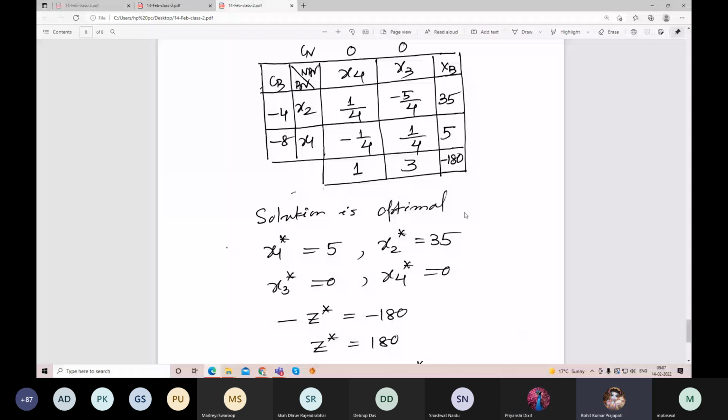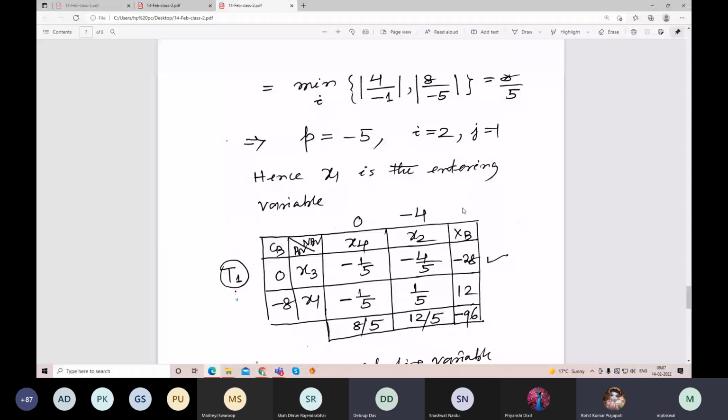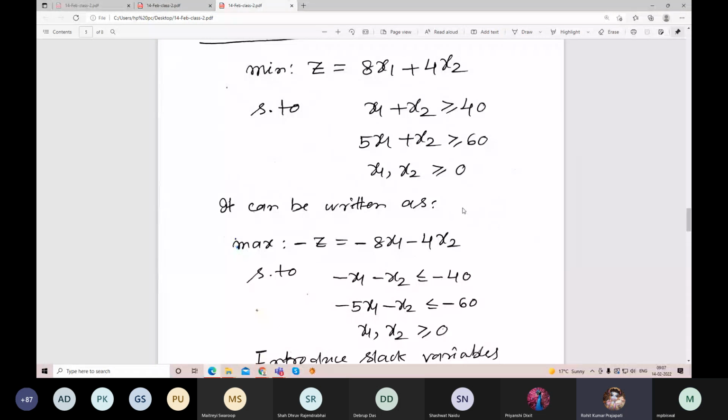So now tell me, if you are given options like the Big-M method, two-phase simplex method, dual simplex method, which one will you prefer? Dual simplex, yes or no? If you are implementing a program, writing code, and somebody wants primal simplex, you will write primal simplex.